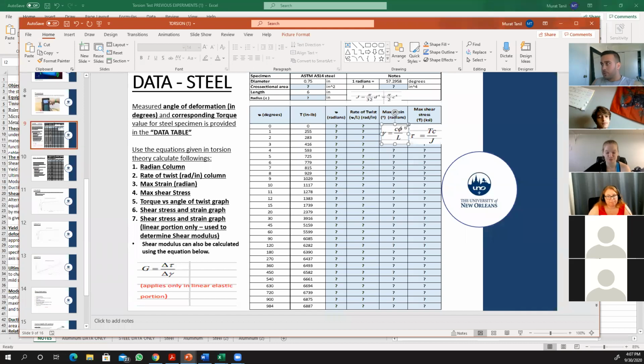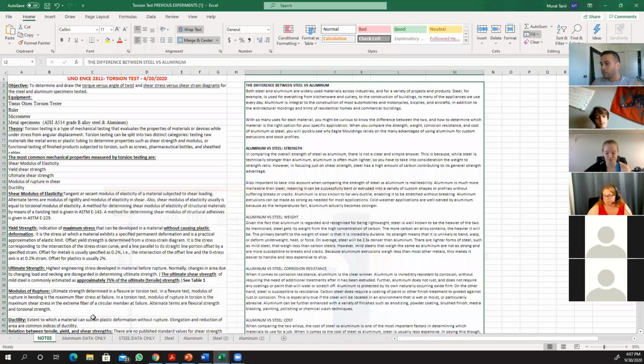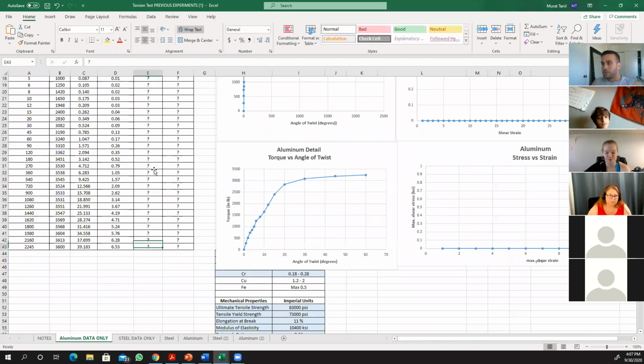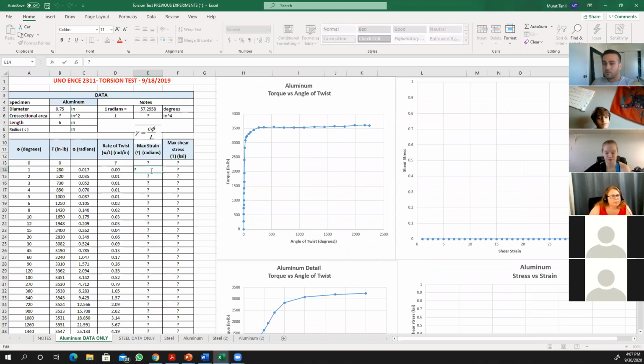I'm looking at this equation. From this calculation, I have to know the radius c. If I know the diameter, divide by 2, I get the radius 0.375. Then plug into the equation, radius.